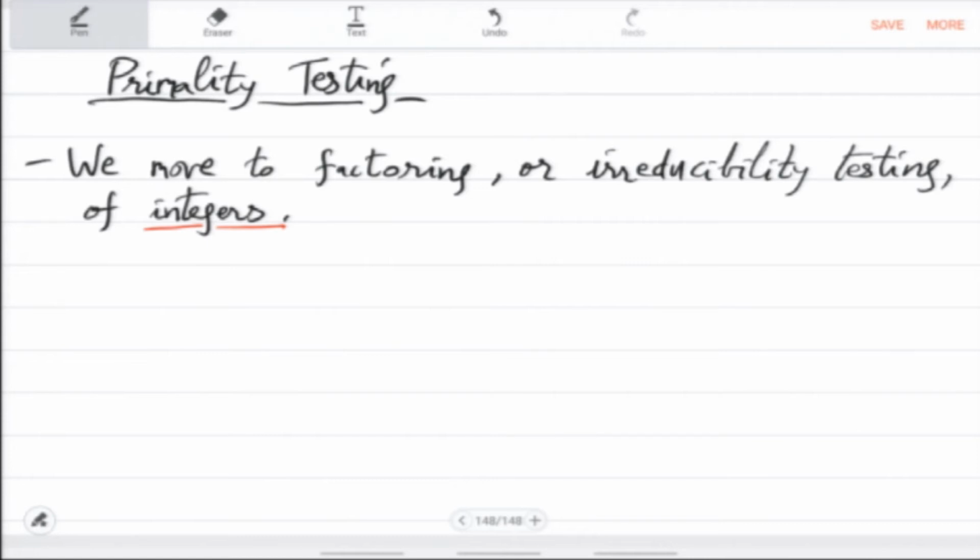So what is the motivation for studying integers? Factoring questions, irreducibility questions. So this is a very natural question, first of all.